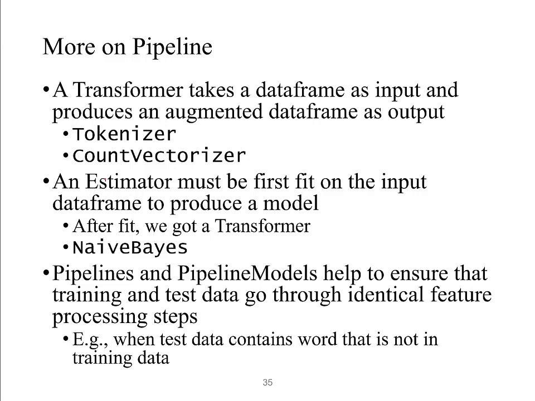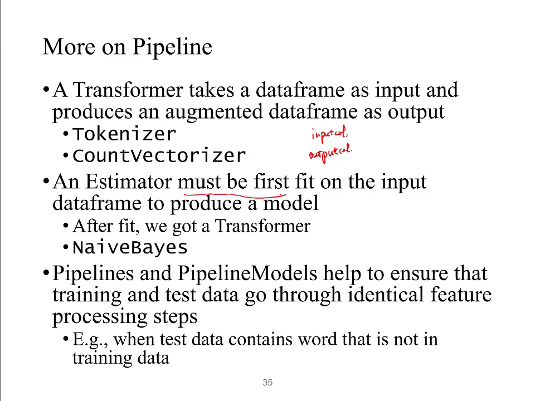More specifically, for a transformer, you need to specify the input column and output column. An estimator must first be fit on the input data frame to produce a model. After fit, we get a transformer. Then we can use transform to do the prediction. The example is naive Bayes.